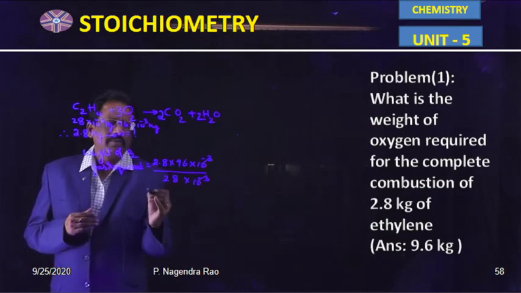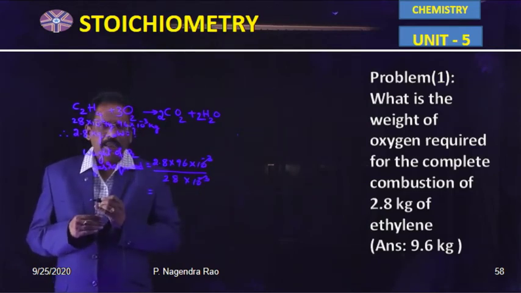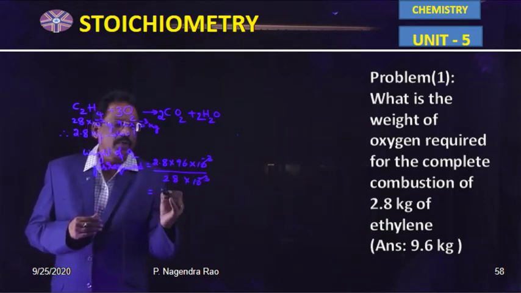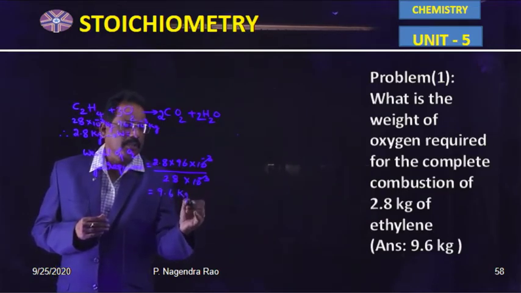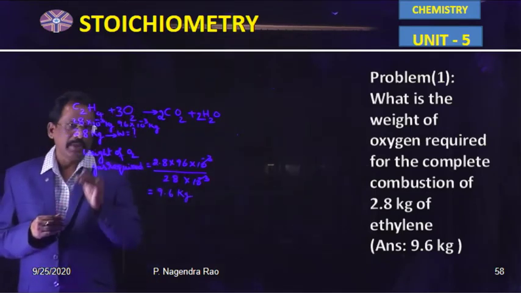So the weight of oxygen gas required is equal to 9.6 kilograms.